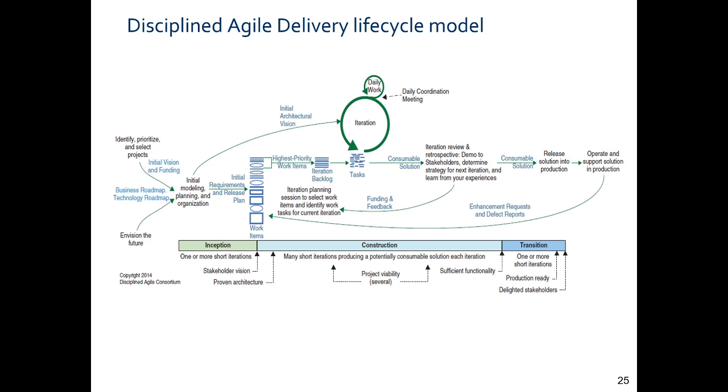And you have got an operational system. Then the releases, support and production are done by the transition. So it is an intermix of Scrum and the unified process. You can see the hybrid model. That is DAD, the disciplined agile delivery life cycle model. In short, it is called DAD.